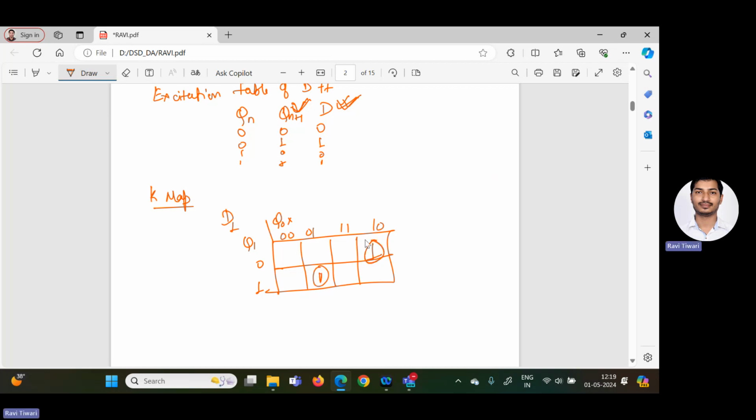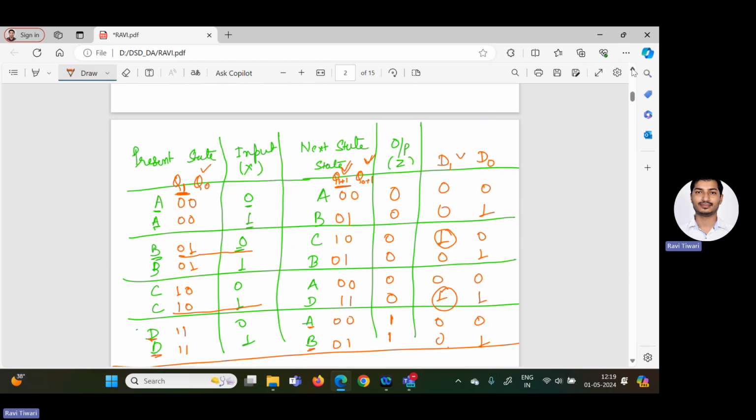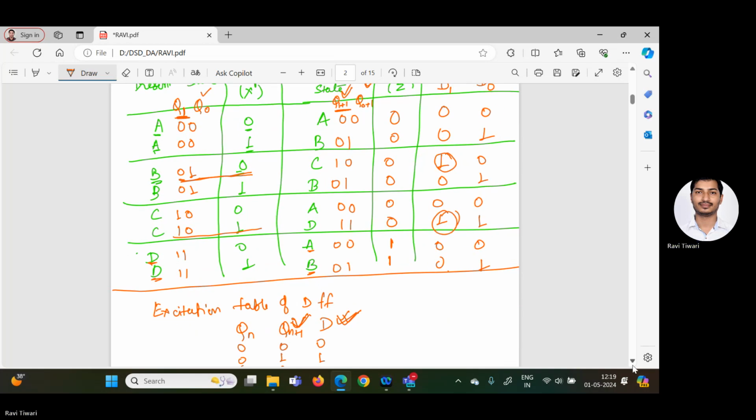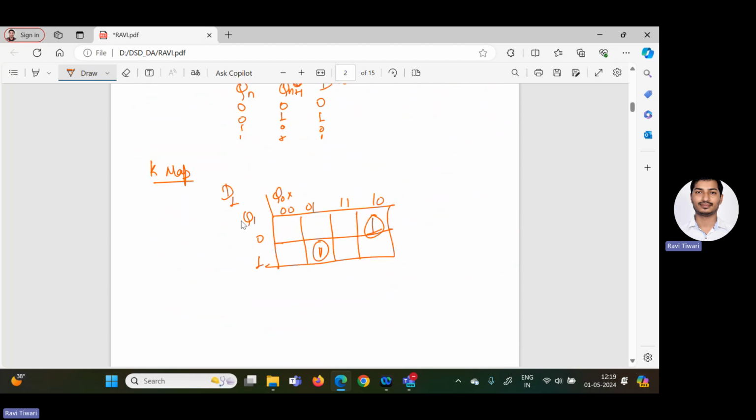These are the two conditions for which your D1 is 1, right? Here you also check once. Here D1 is 1 when it is 0 1 0 and again it's 1 for 1 0 1. So I filled it here for 0 1 0. This is 0 1 0 and this is 1 0 1, right?